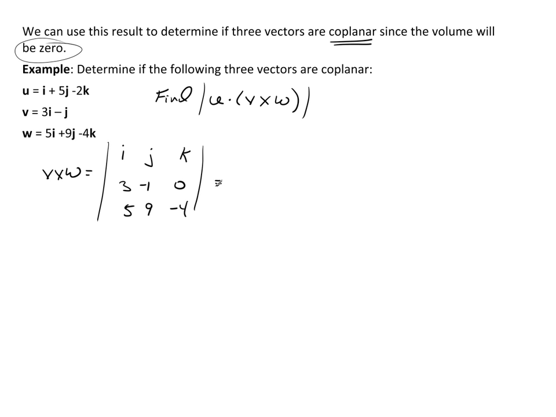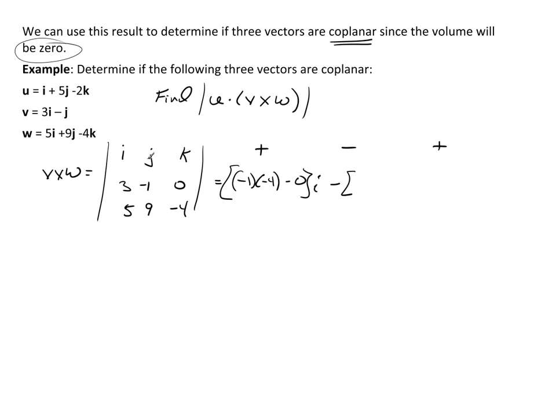Now I'm going to look for the determinant, and that's going to be -1 times -4 minus 9 times 0, so just minus 0. And that's going to be the i component. Minus, remember the pattern, plus, minus, plus.